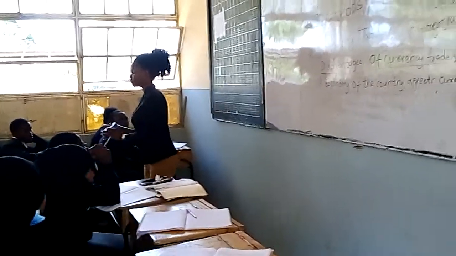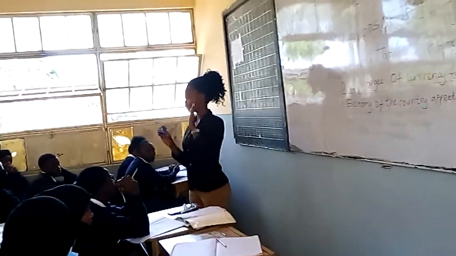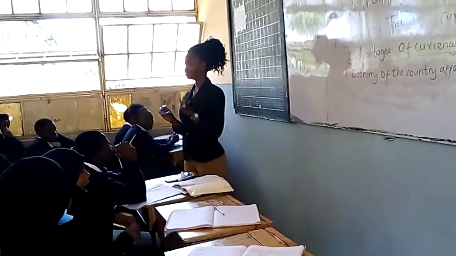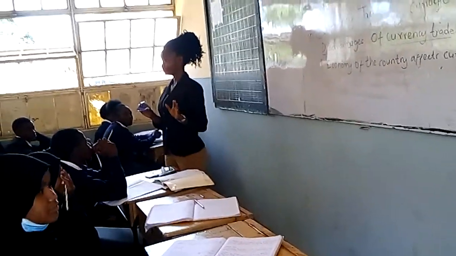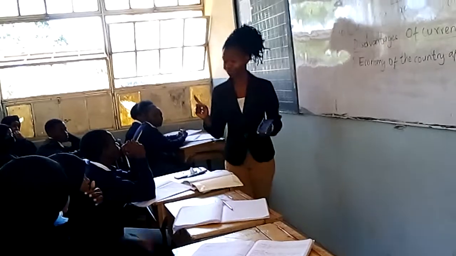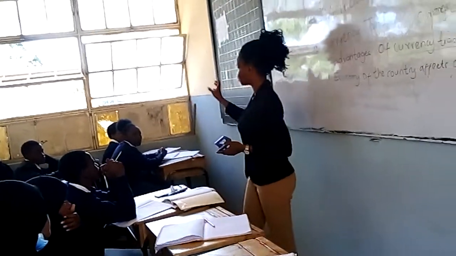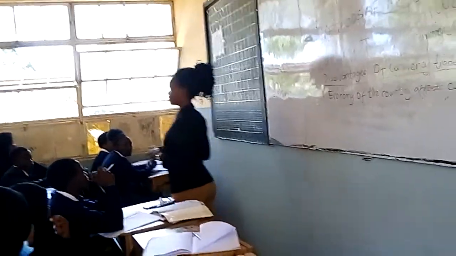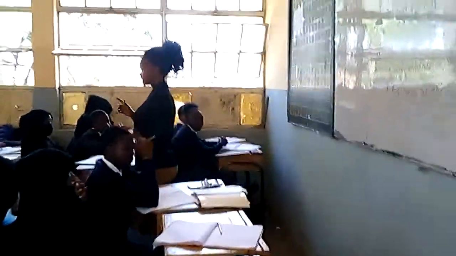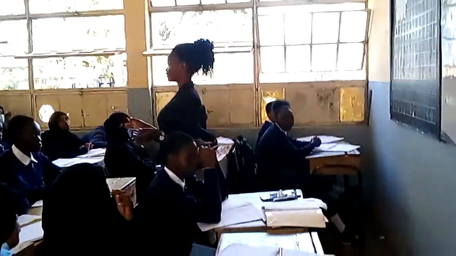Okay? When people don't know the value of the commodity, then currency trade will be ineffective. Because even when you go to a shop, maybe you're buying electronics like a TV, you first check the value of this TV. Am I going to buy this TV today and tomorrow it has dropped down? So you first check the value.